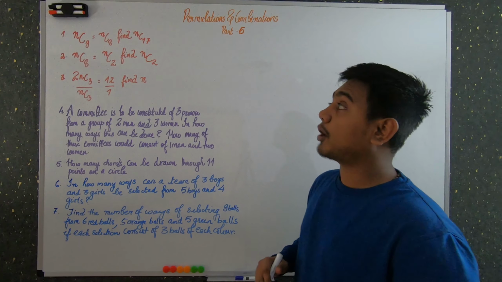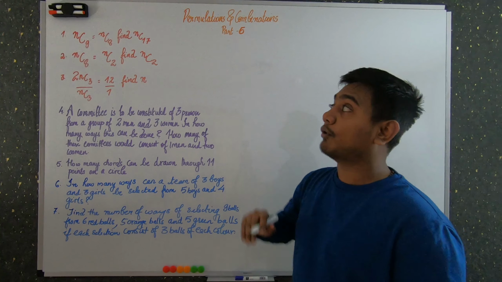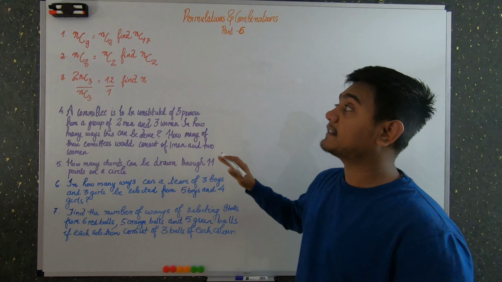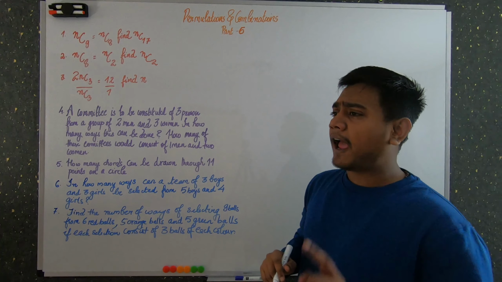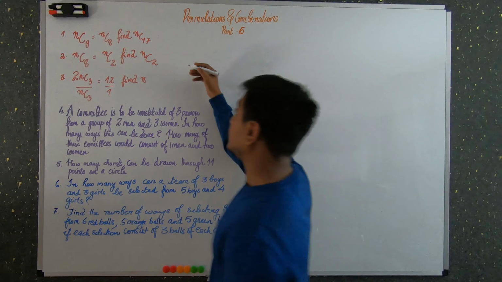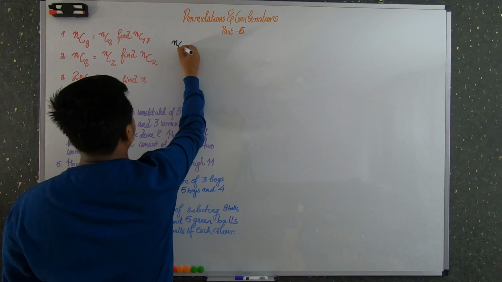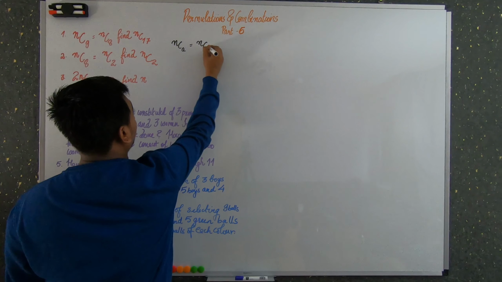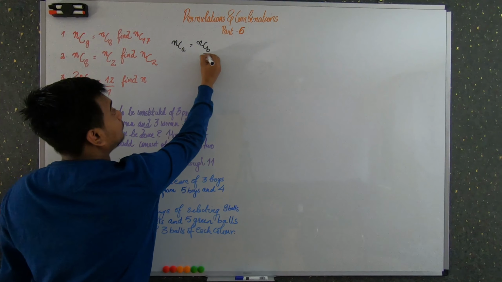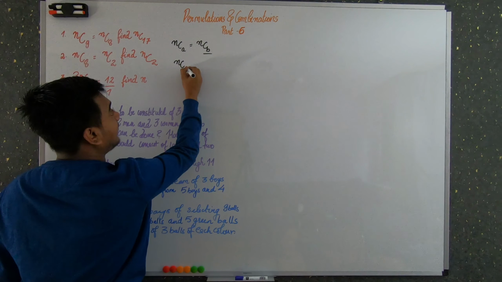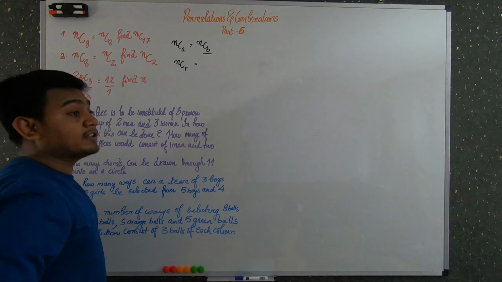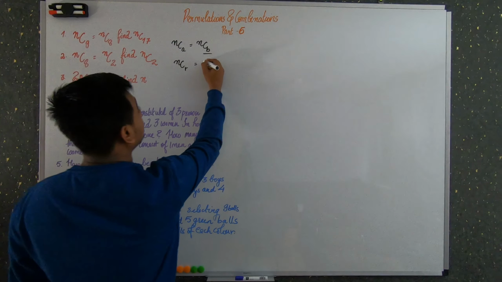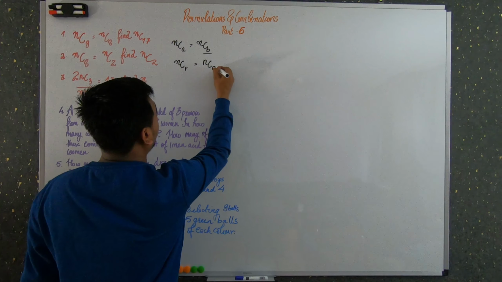Okay, so what is the first problem saying? nC9 is equal to nC8, find nC17. In my remarks I've already discussed one formula, that is nCa is equal to nCb. The number of selections of r objects is the same as rejecting n minus r objects.